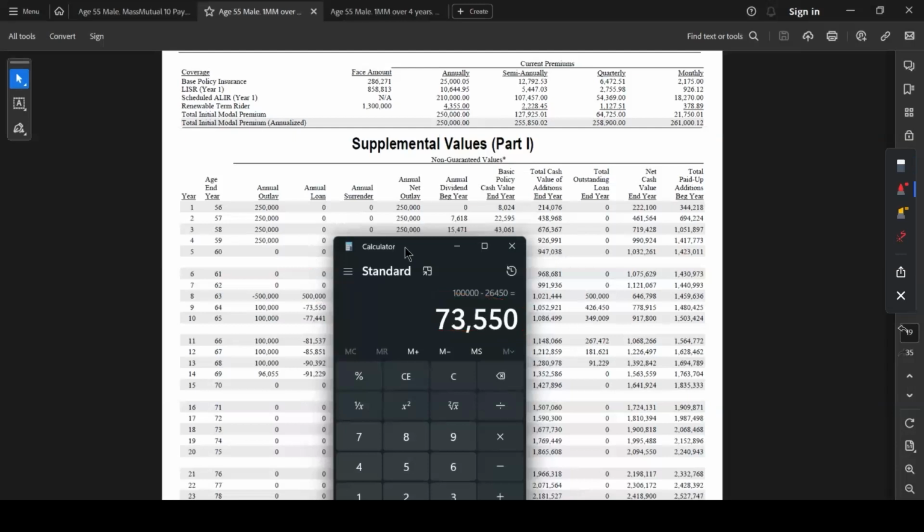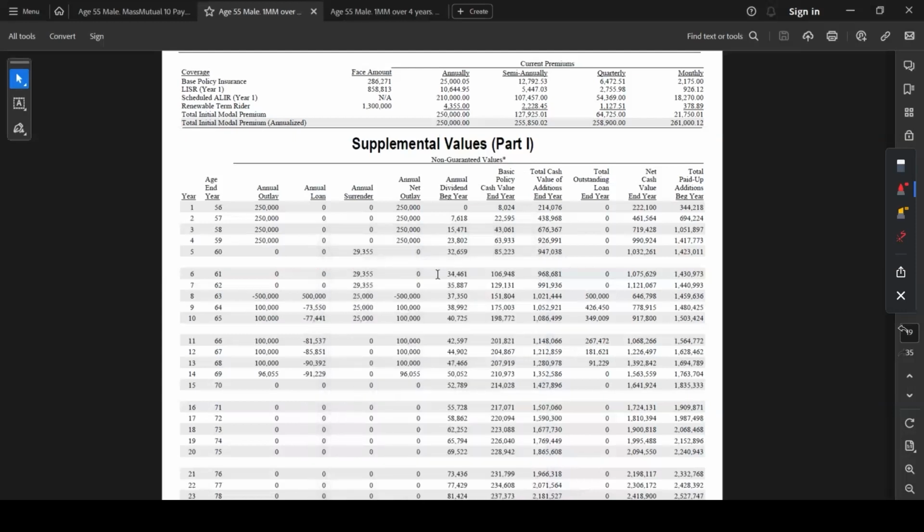So when you see a negative number in the annual loan column, that represents how much you are paying down the actual loan principal, which you can see in this column to the far right. Total outstanding loan and year, but we'll hit on that in a little bit. So again, annual loan, when we see numbers without a minus sign here, that's money you're receiving. And then this represents the loan being paid down, specifically the loan principal.